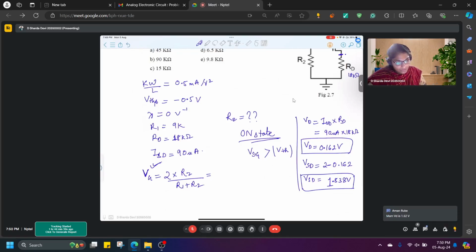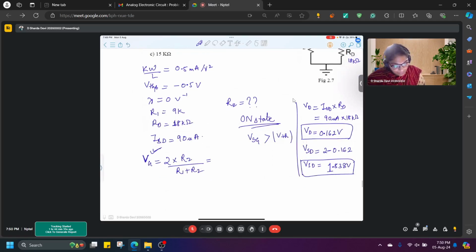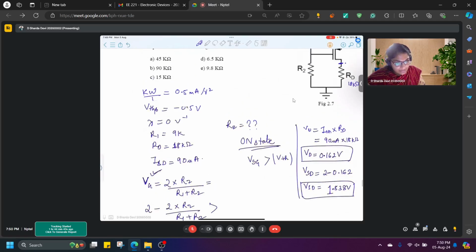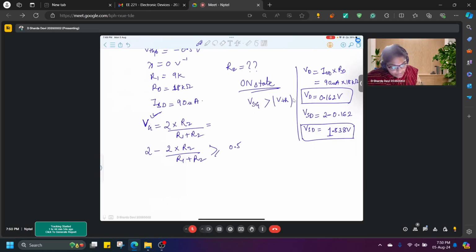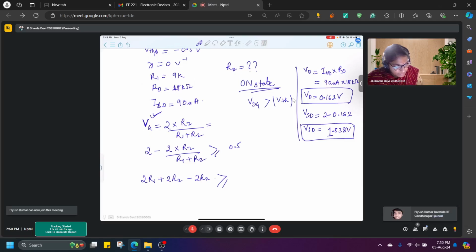VG is 2 times R2 upon R1 plus R2. And VSD would be 2 minus 2 into R2 upon R1 plus R2. This should be greater than or equal to mod of VTH, so it is 0.5. Okay. So here it is 2R1 plus 2R2 minus 2R2 should be greater than or equal to 0.5 R1 plus 0.5 R2.